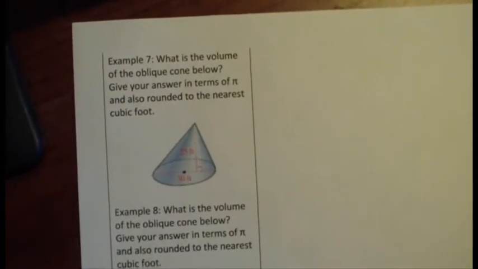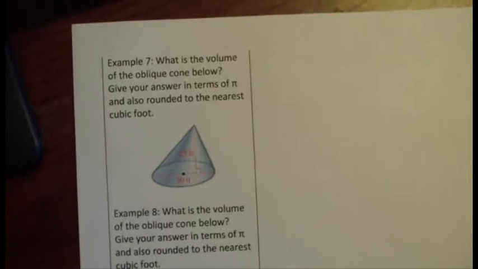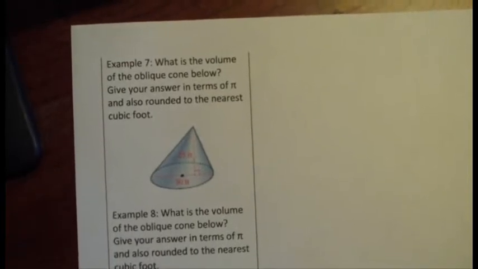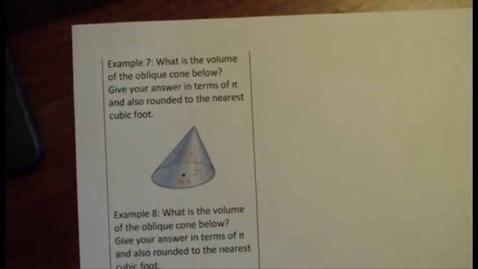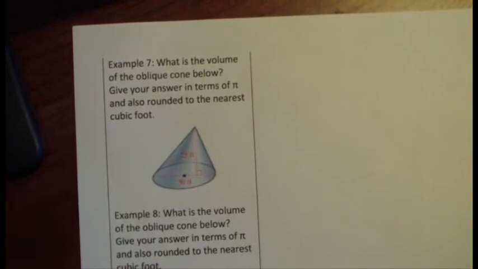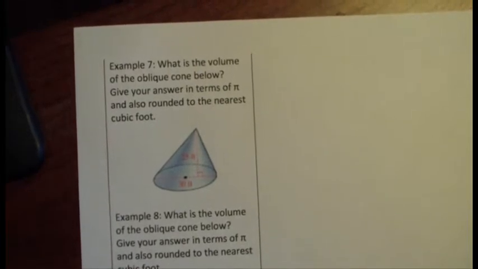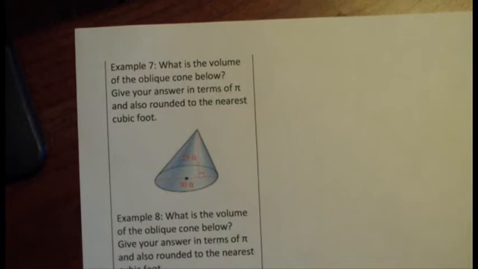Example 7. What is the volume of the oblique cone below? Give your answer in terms of pi and also rounded to the nearest cubic foot. So just like yesterday, thanks to Cavalieri's principle, we can find the volume of our figures regardless of whether they're right figures or oblique.